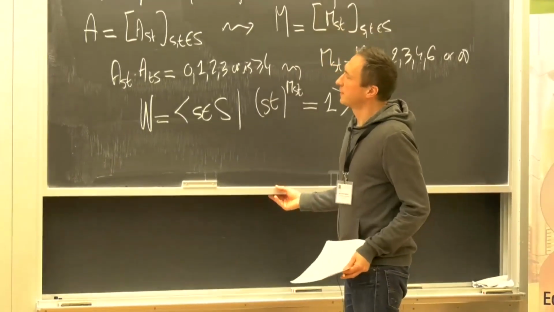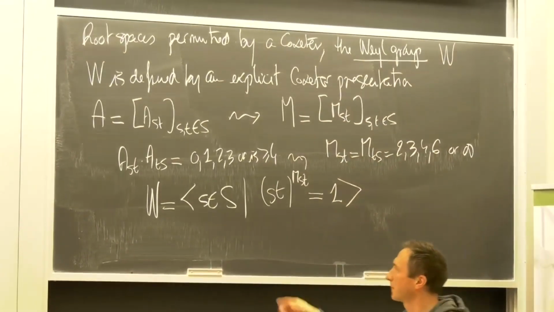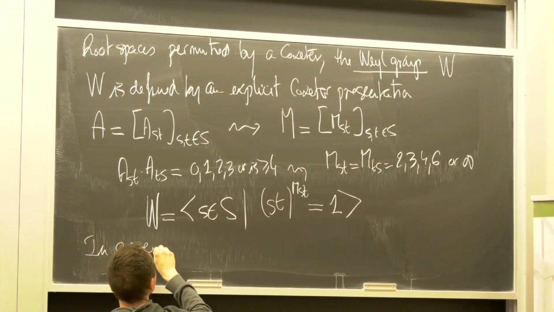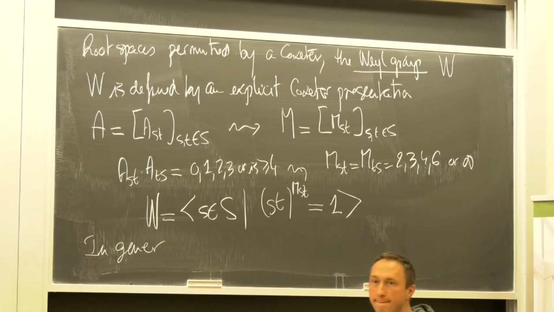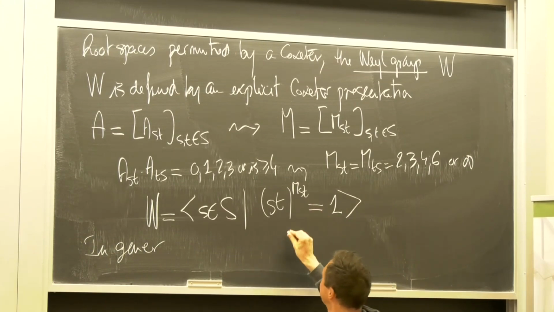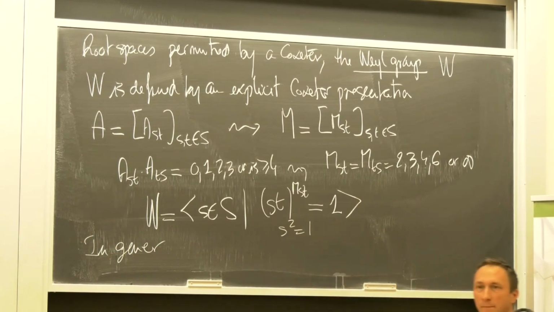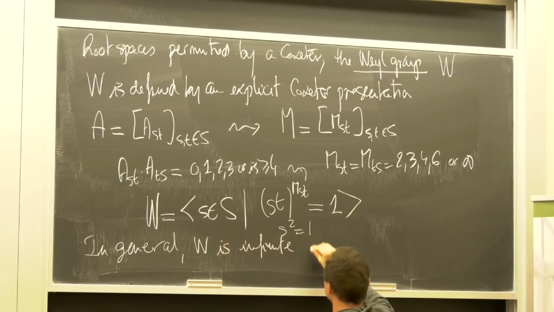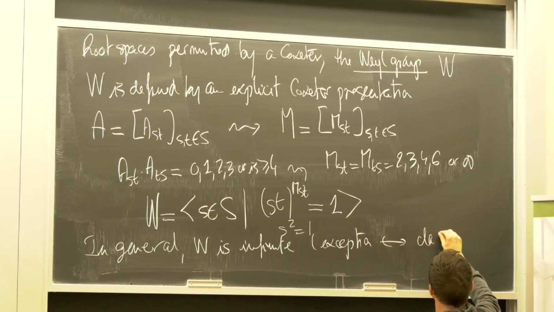So it's already nice in the sense that in general W is infinite. The exception corresponds to a classical Cartan matrix.